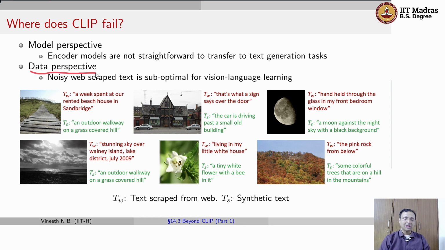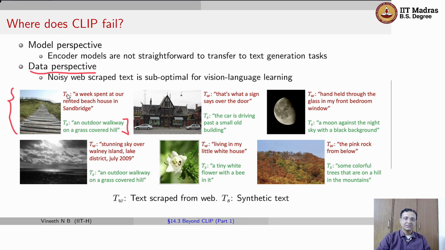One of the follow-up works which we are going to discuss now, called BLIP, shows that such noisy web scrape data may not be completely optimal for vision language learning. Here are a few examples of web scraped text and generated text using a trained model that BLIP produces.